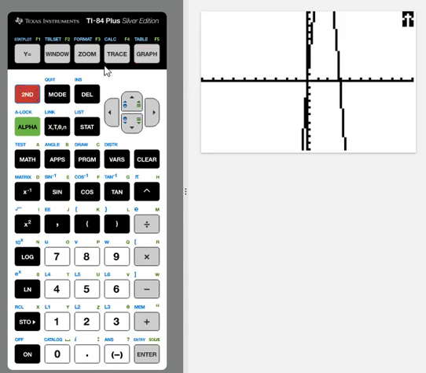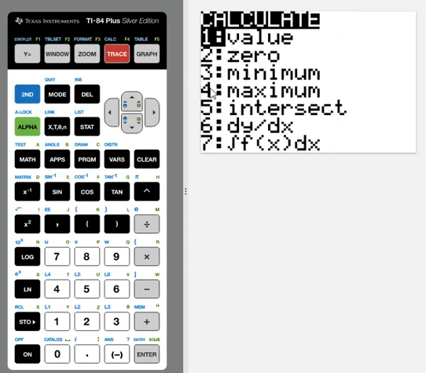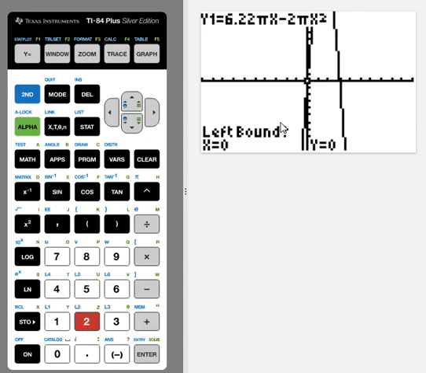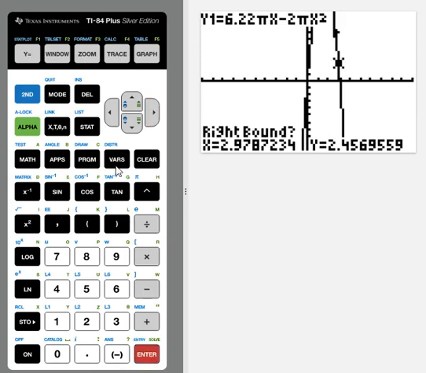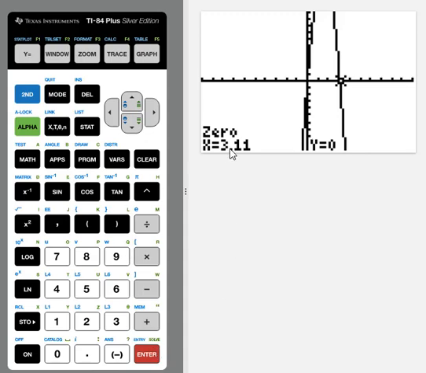So we do second trace, go to 2. Then move the arrow close to the left side of this 0 and press enter. Then to the right side of this 0, press enter. You will get 3.11.